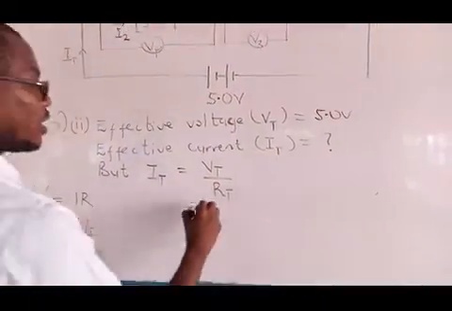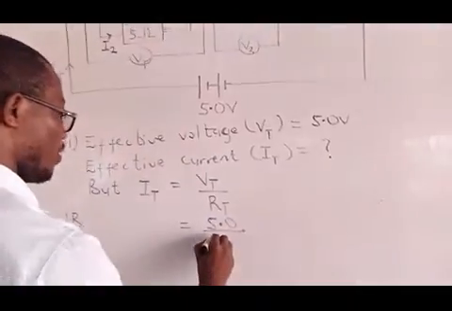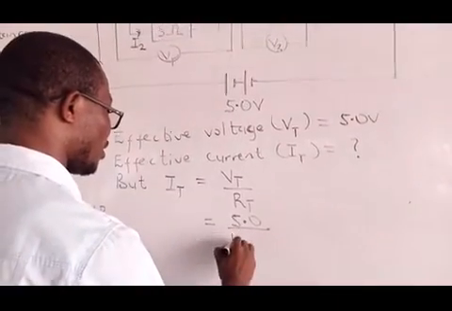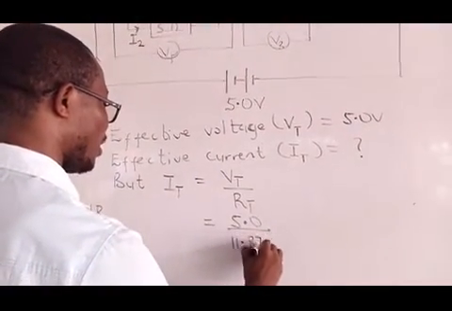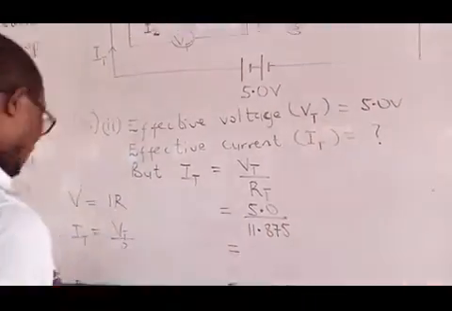The effective voltage is 5, and the effective resistance is 11.875, that's the answer we had in BI.